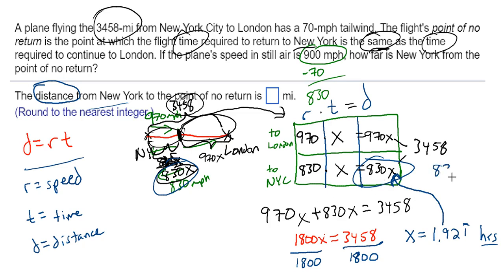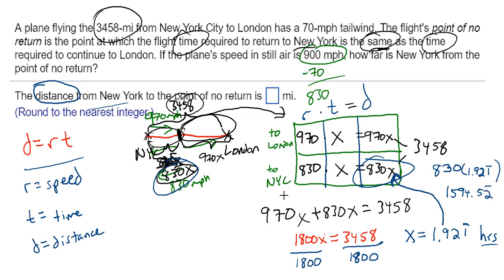So it's going to be 830 times x, which is this 1.92111 repeating, which I still have in my calculator, so I'm just going to leave it there and take the number in my calculator times 830, and I get this answer, 1,594.52222, just 2's repeating.